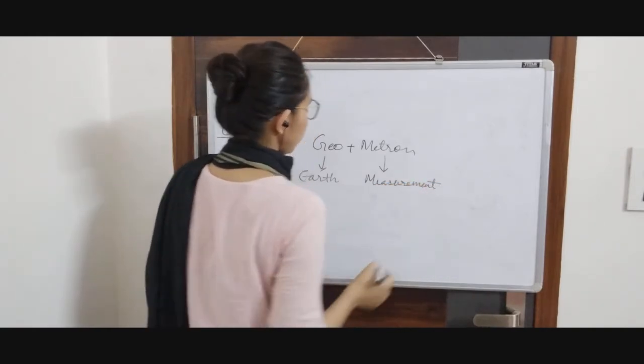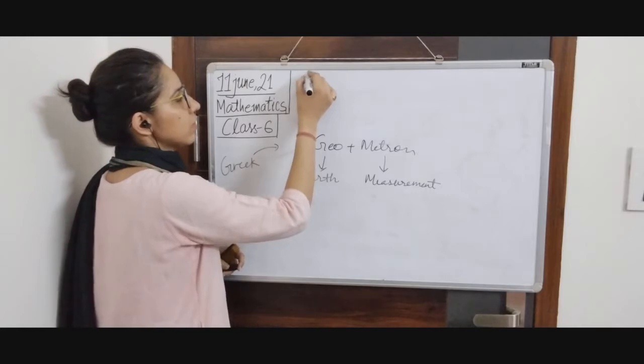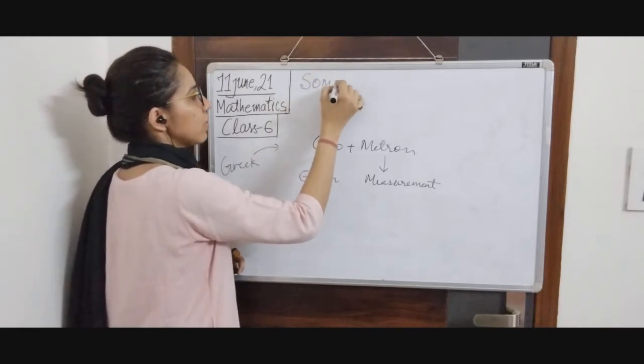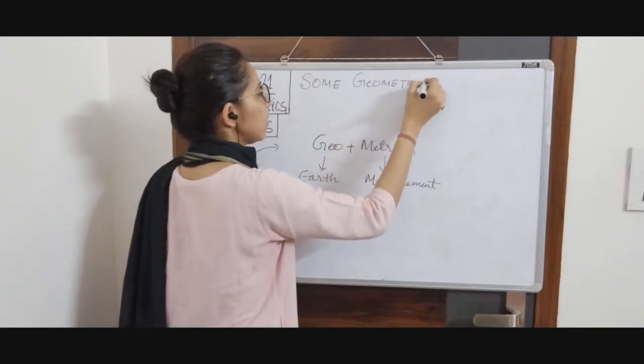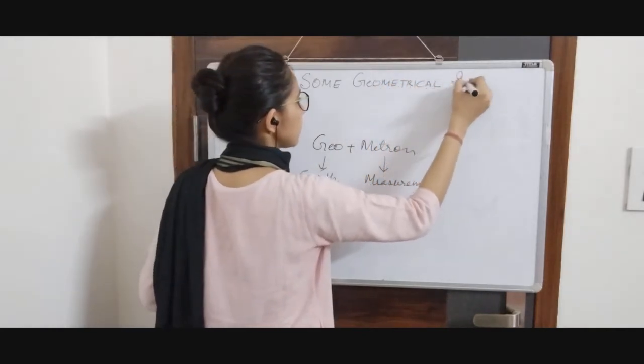Okay? So basically, measurement of earth. Chapter name is some geometrical ideas. Okay?